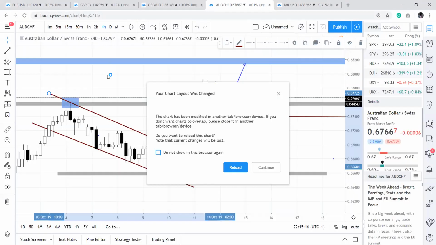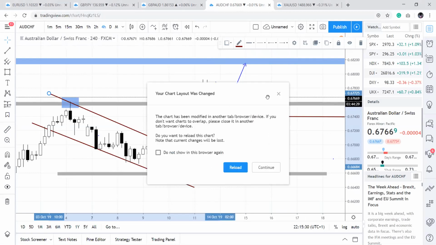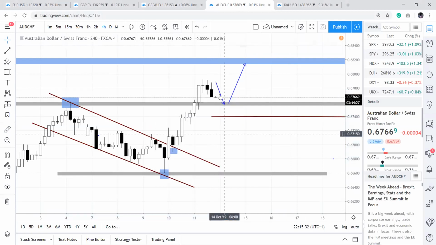AUD CHF is coming down. We want it to get to those points. All right. It has just about 10 pips to go down. Once it gets to this point, we want to see a sign to go up. So on a 1 hour candle, we want to see a bullish engulfing on a 1 hour, or whatever name it's called.